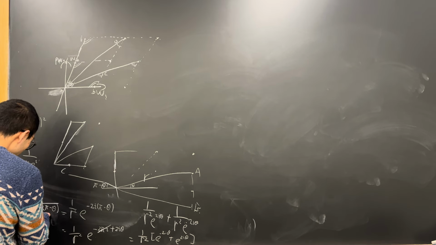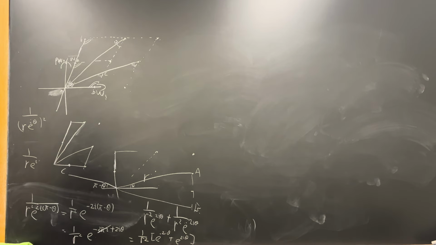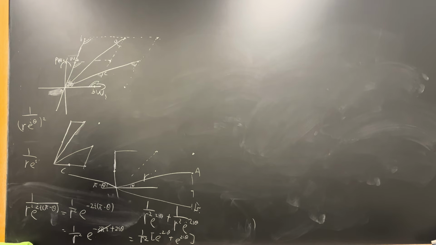What's really happening is that you're doubling it, right? You double the angle, and then you put a negative sign in front.